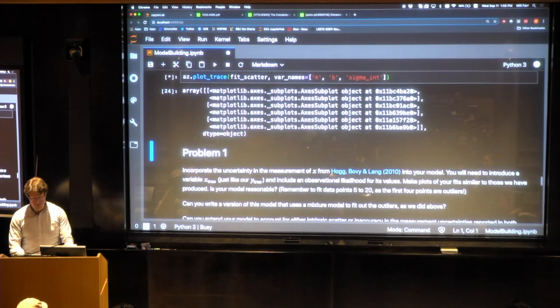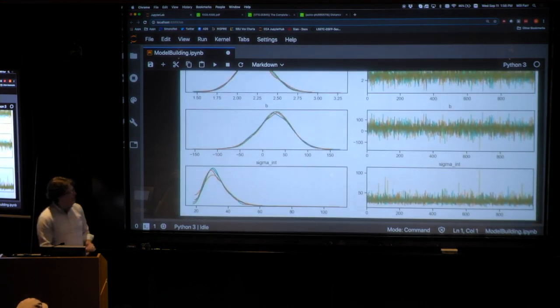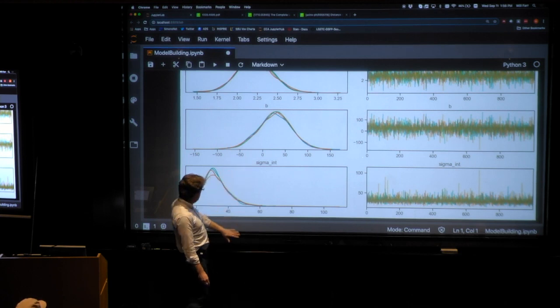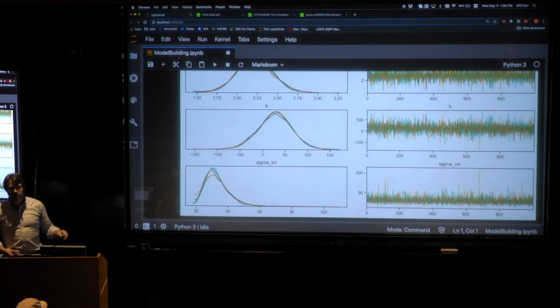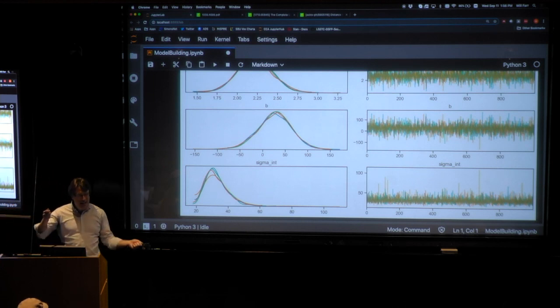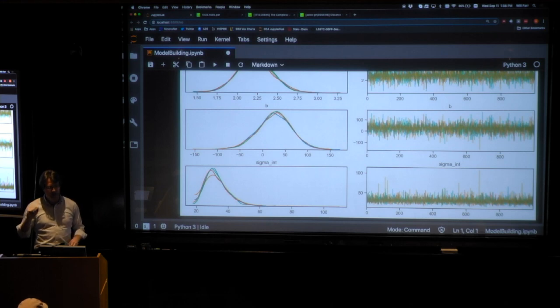There we go. Oh, wow. Okay, so we get an M and we get a B. They're basically consistent with what we got before, but now we get to measure the intrinsic scatter, which is 30 units, whatever those are. Okay, that's the degree to which the line has to be fattened in order to match the data. Okay, does that make sense to everybody?